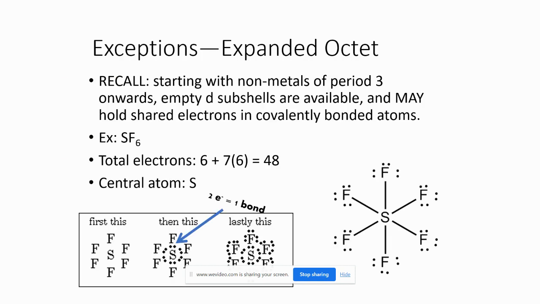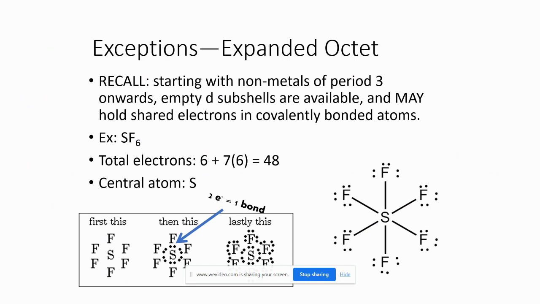Okay. Oh, here is our expanded octets. I knew we got into them at some point. So we do have some exceptions. If you recall, nonmetals in period 3 and on have empty D subshells. So remember, with these, that whole D subshell is empty, so we can start to fill that with some electrons and make bonds.